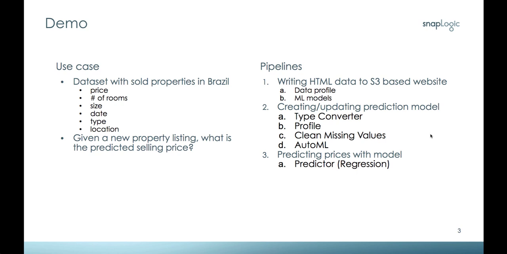And then the third pipeline, we used some sample new Brazil property data that we wanted to predict the data on, and we used a predictor snap regression to take action and predict values based on that with the model as well. Okay, so that's everything from this machine learning model demo.